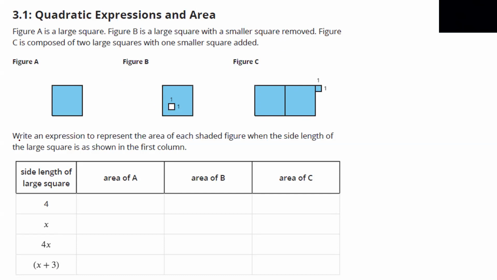The question says, write an expression to represent the area of each shaded figure when the side length of the large square is as shown in the first column. So this table gives us the side length of the large square.